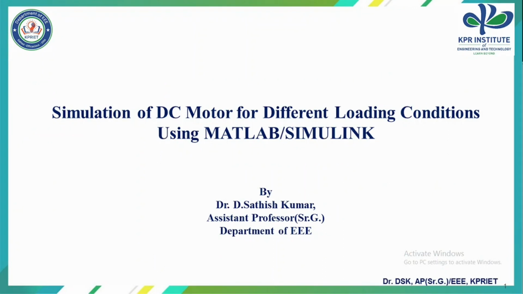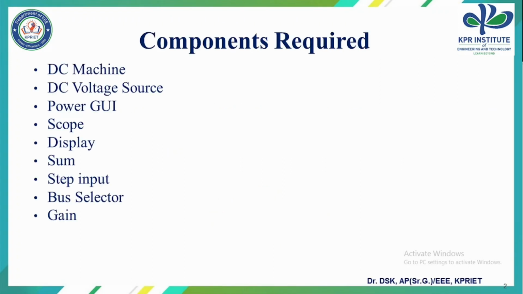In this video, we are going to discuss how to simulate a DC motor for different loading conditions using Simulink software. In order to conduct the simulation of a brake test on a DC shunt motor, the following components are required.